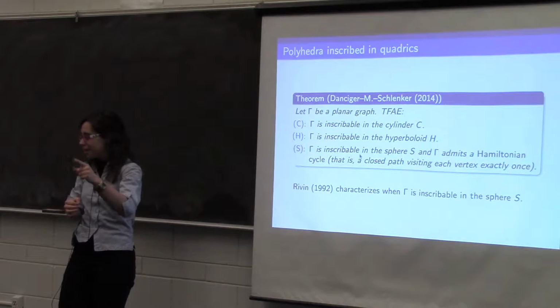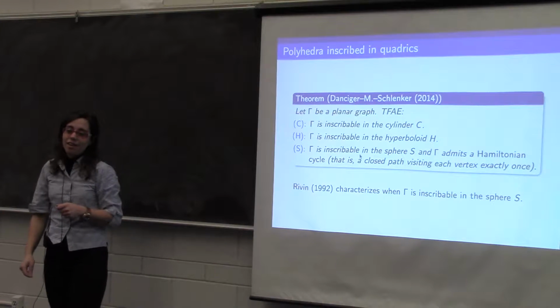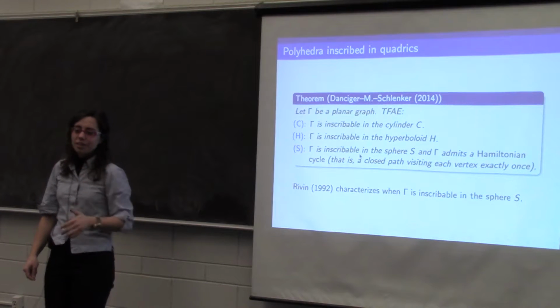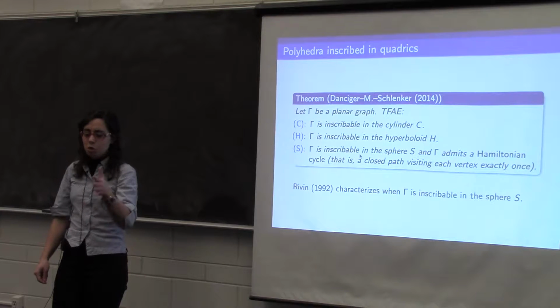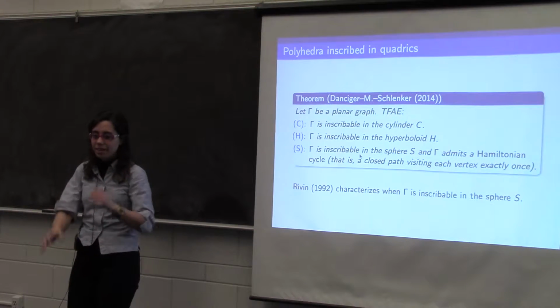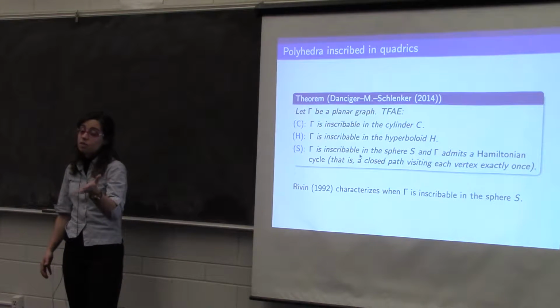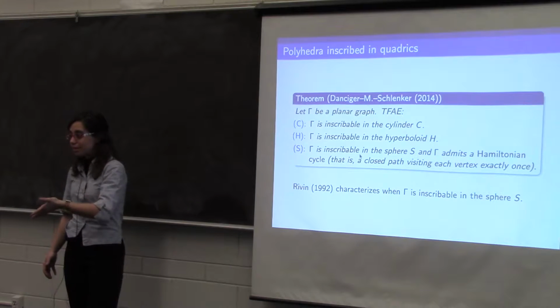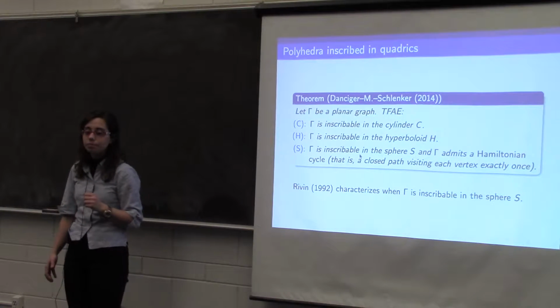And in fact, these are the role of the red edges. You can think that these three conditions are more or less similar, right? We have the Hamiltonian cycle condition, but we will see that this Hamiltonian cycle will play a different role, for example computationally, so it will be very different.